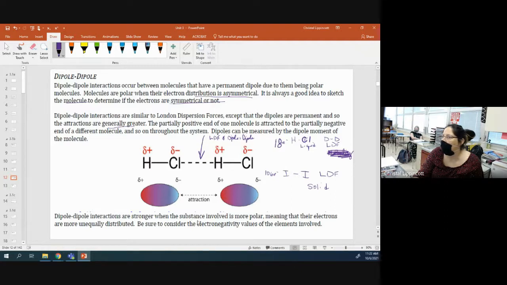Why would they make this one dashed and this one solid? Because the solid ones are intramolecular. And what do we know about the strength of intermolecular versus intramolecular? Intermolecular is not as strong as intramolecular. So it makes sense that this is dashed because it's not as strong as this guy.